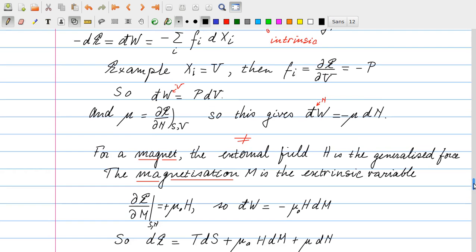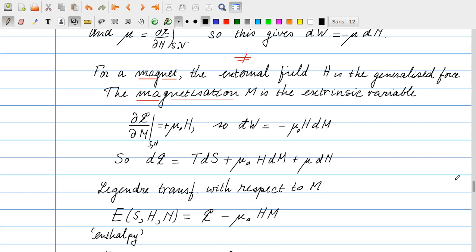So let us then proceed looking at a completely different type of system, a magnet. In that case, I also have N, the number of magnetic moments. But these magnetic moments will orient themselves, and if they are oriented in majority into one direction, then we have a so-called magnetization.